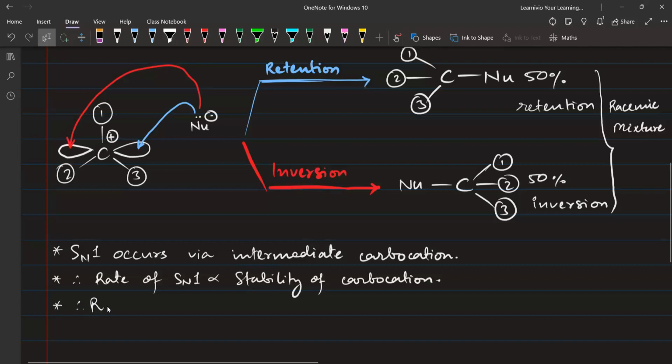Therefore, the rate of SN1 is fastest in 3 degree, 2 degree, and, I should say, if we include everything, then SN1 will be fastest in benzyl, followed by allyl, followed by 3 degree, followed by 2 degree and followed by 1 degree.